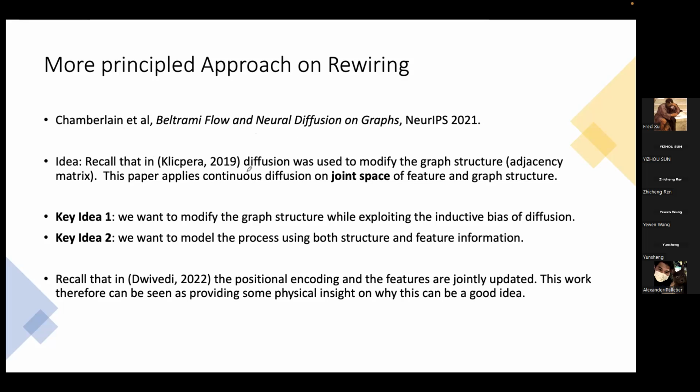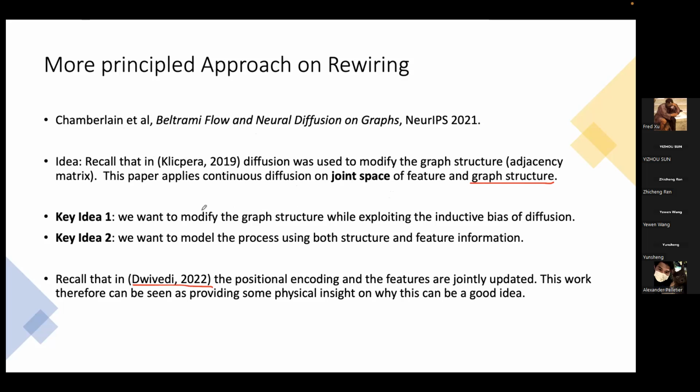So we see that diffusion is important. And this one applies diffusion to the joint space of feature and graph structure. Actually, here the graph structure means positional encoding. So this is also tied to this paper, which we talk about co-evolving the positional encoding and the features.